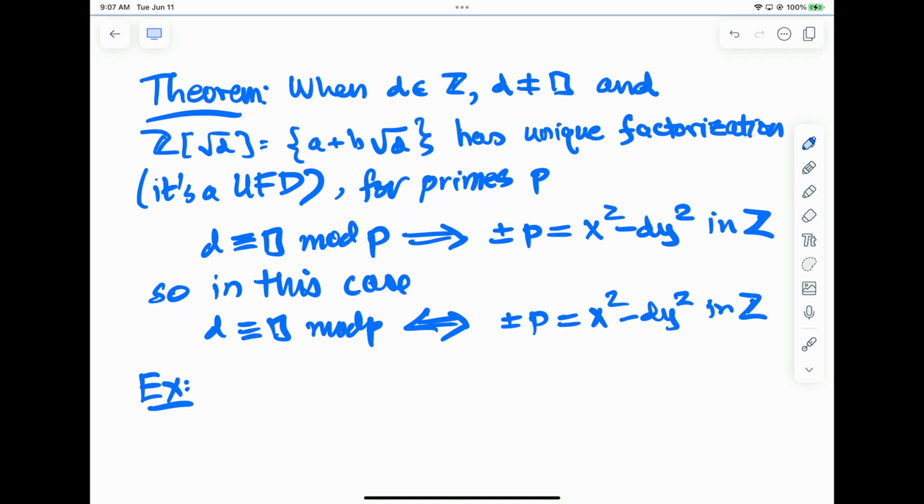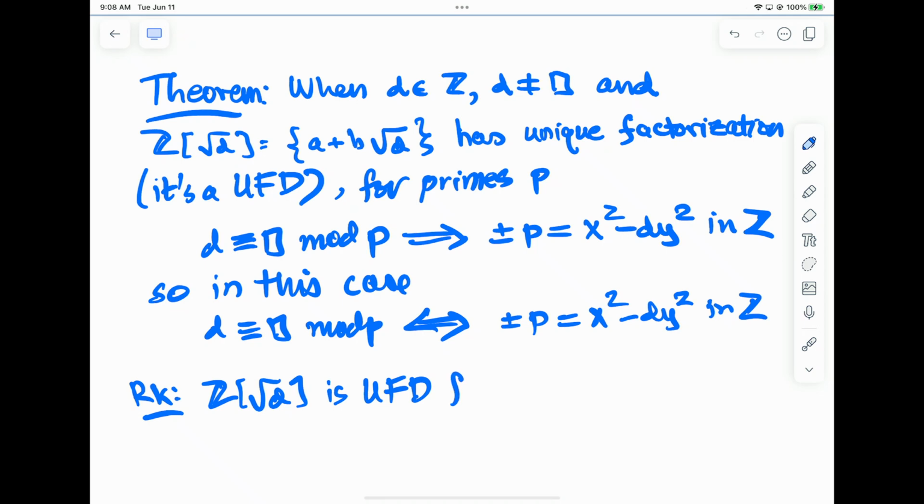Maybe we should start here. No, that's (1 + √-163)/2. Oh, yeah. Okay, so Z[√d]. I'm not going to write them all down because we expect it to happen infinitely often, but just as examples.